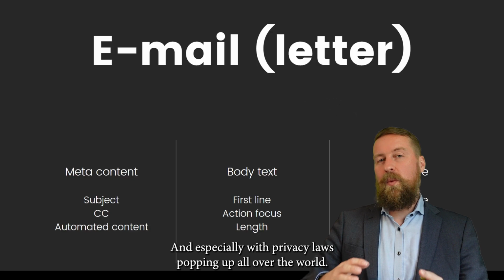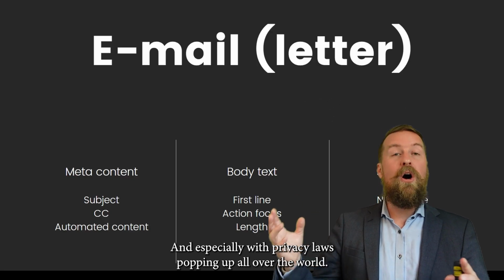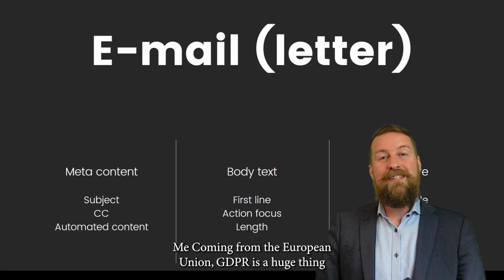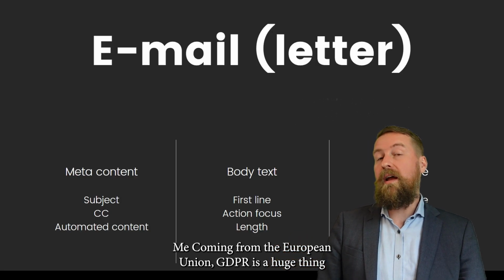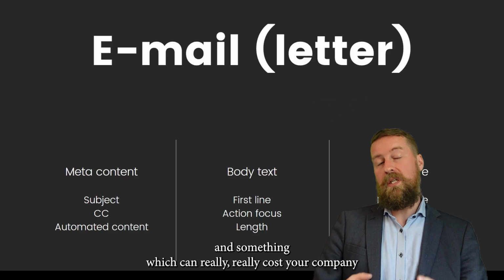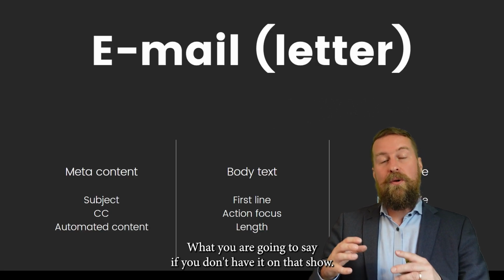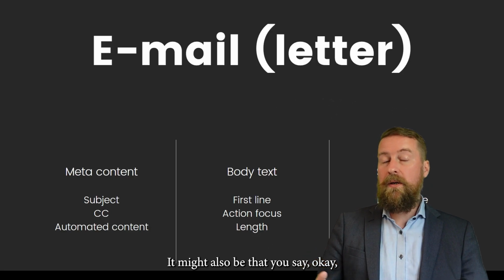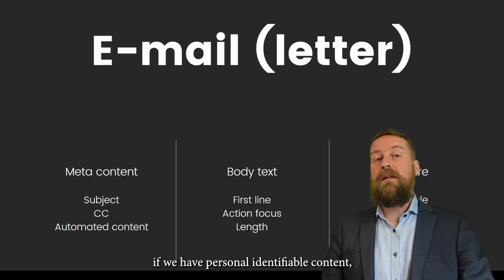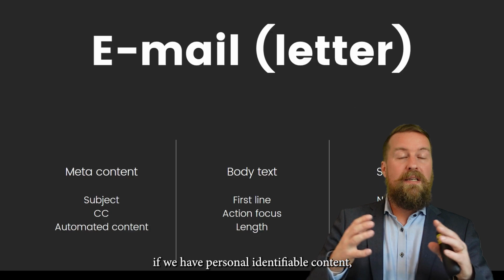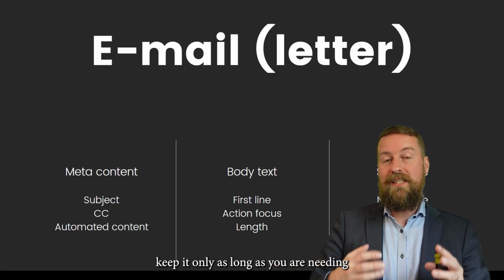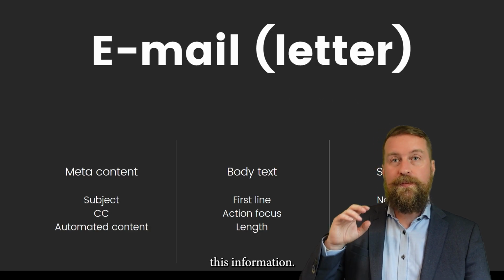And especially with privacy laws popping up all over the world, me coming from the European Union, GDPR is a huge thing, and something which can really cost your company or your organization if you don't have it under control. It might also be that you say, okay, if we have personal identifiable content, keep it only as long as you need this information.